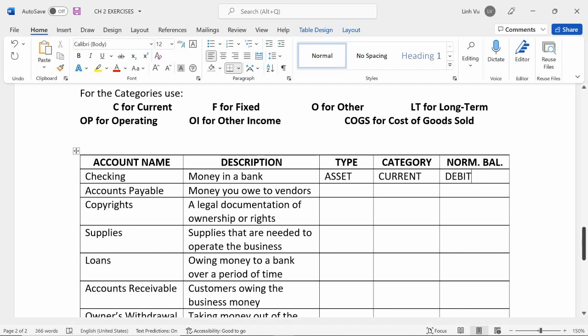Okay. Accounts payable, okay? Money that you owe to vendors. Liability? It's a liability. Now, what kind of liability would it be?